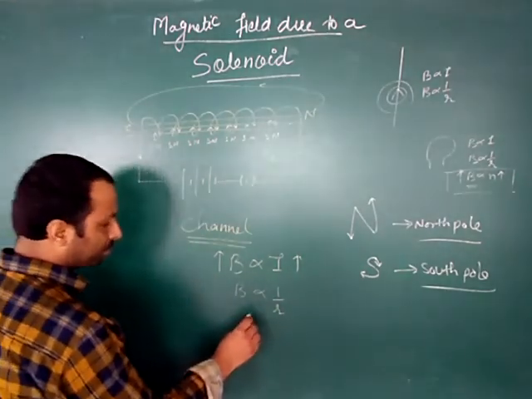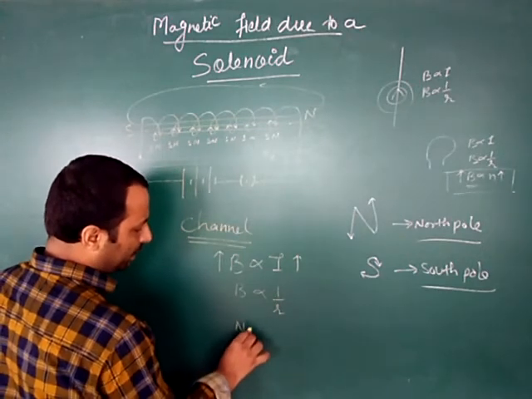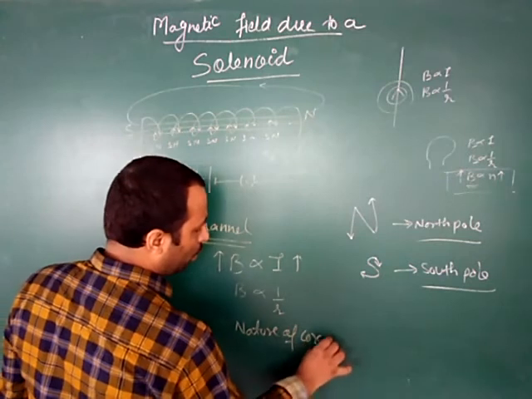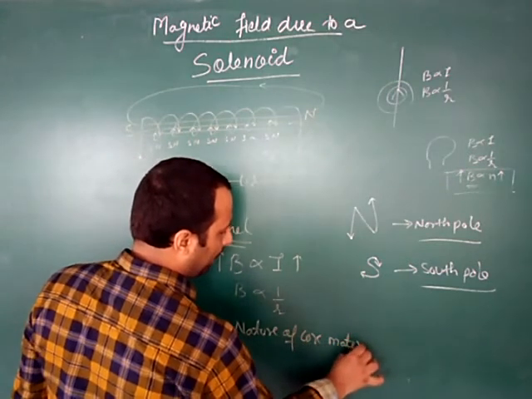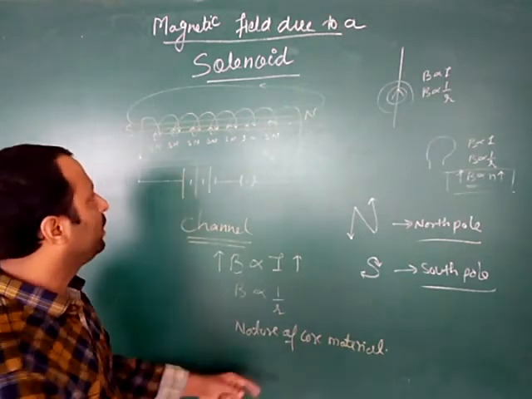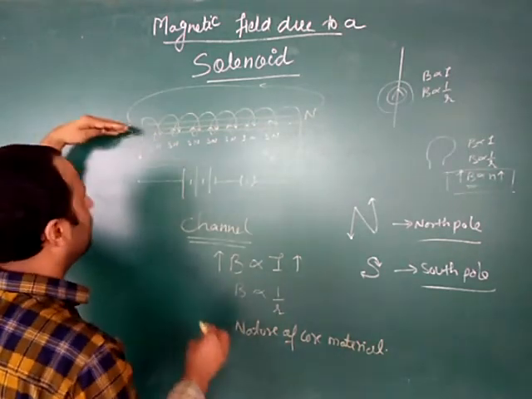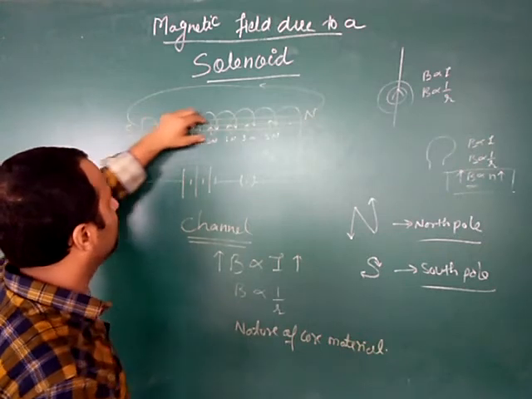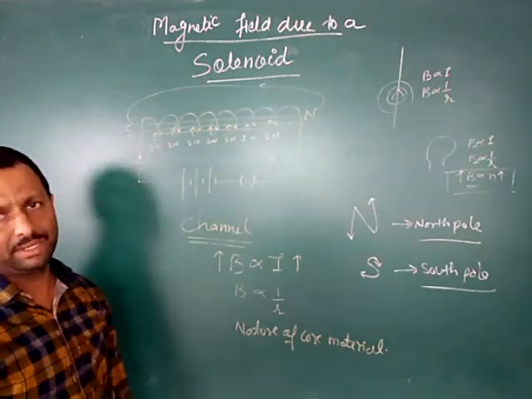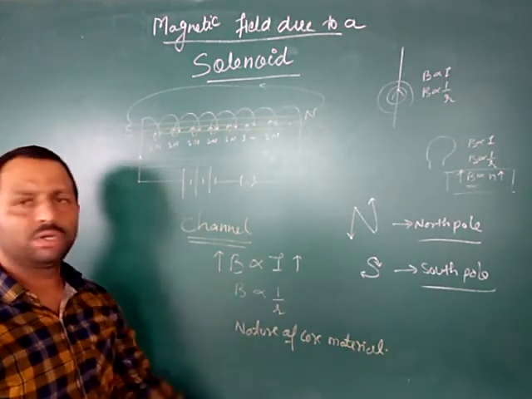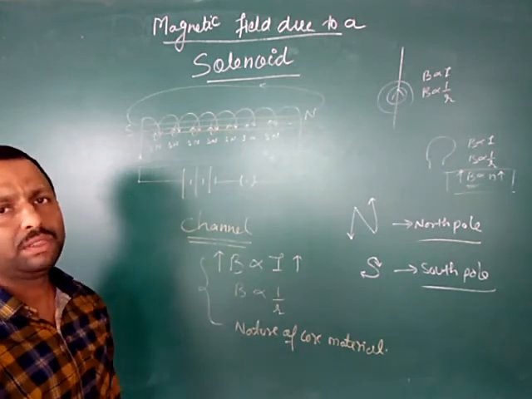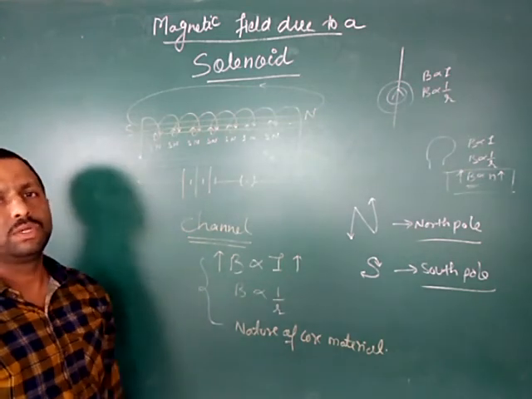And thirdly, the nature of the core material. If we fill this channel with a soft iron core, it will acquire magnetism. So these are the three factors on which the magnetic field due to a solenoid depends.